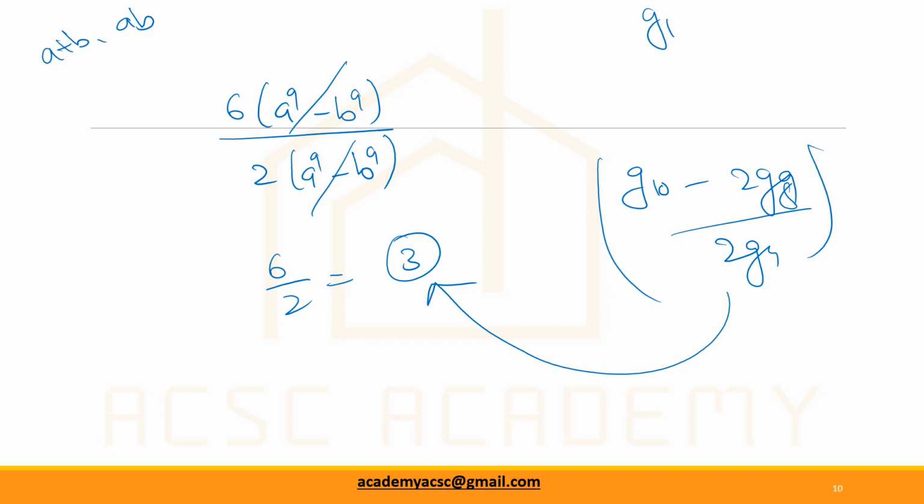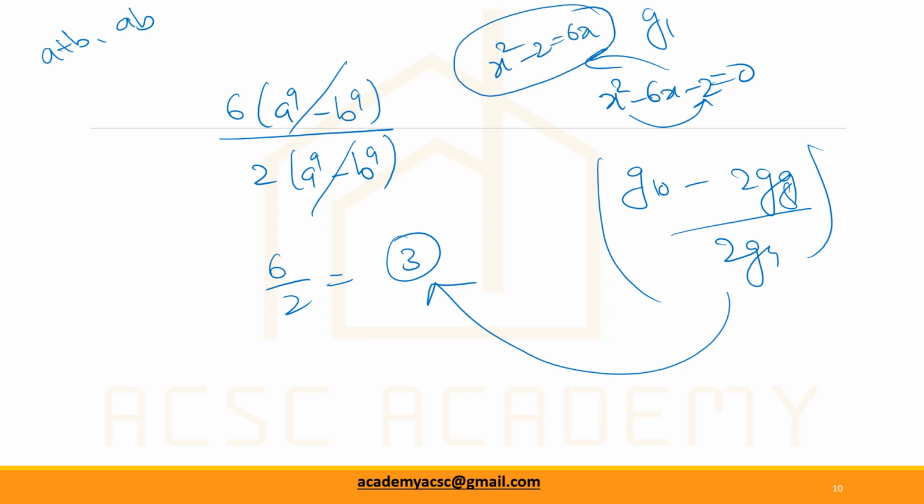The only thing which we needed was that we had to substitute that x squared minus 2 with 6x. From this we derived x squared minus 2 equal to 6x. This is the only thing that we used, and the rest was simple mathematics, pure algebra, nothing more. So this was the main highlight of this question, that this idea should come into your mind, that given a quadratic, you can shift this on that side and use these two terms.